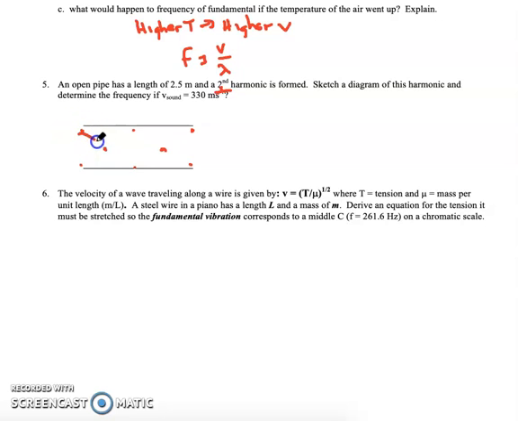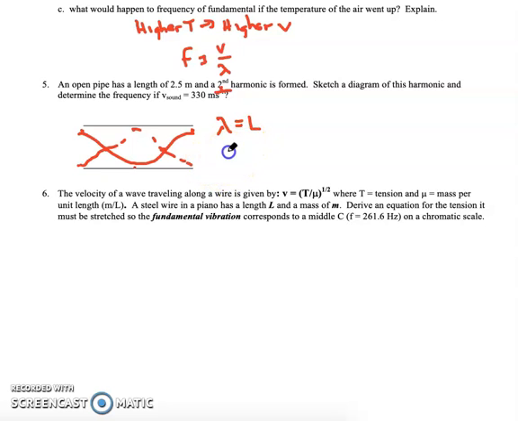So I connect them, and I do the other one, not very well. Start at a crest, go to a trough, and I see that's a full wavelength. So there's one wavelength within the length of that tube.